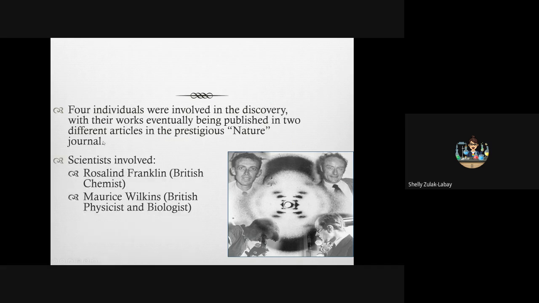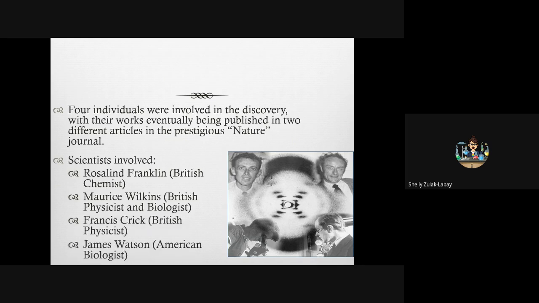So in particular, there were 4 individuals whose work led to our description of DNA as a double helix structure. And this was actually done through 2 pairs of scientists. The first 2 on our list, a British chemist, Rosalind Franklin, and a British physicist and biologist, Maurice Wilkins, did some work together at the same college in England.